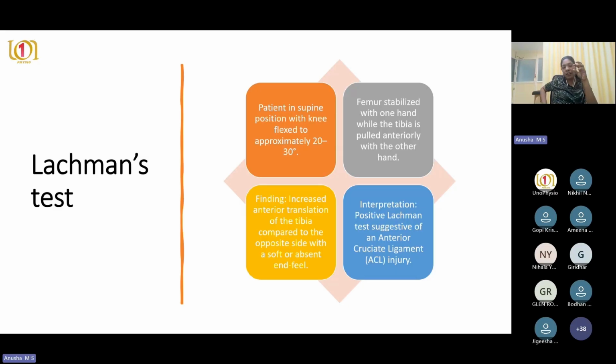So we have to find the root cause of the pain. See, in osteoarthritis, the pain is caused by the intra-articular pressure. That is, the articular cartilage is damaged, and because of that, there is more pressure within the joint. And that pressure is stimulating the pain nerve endings.